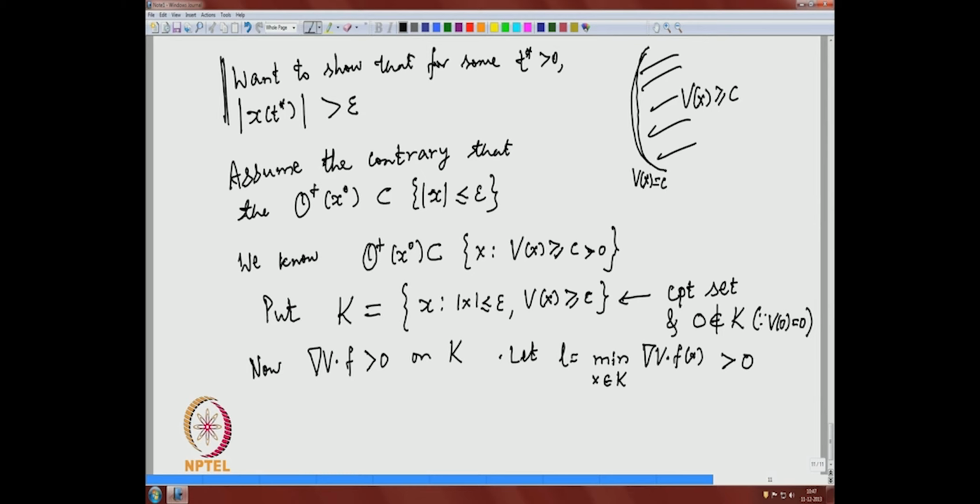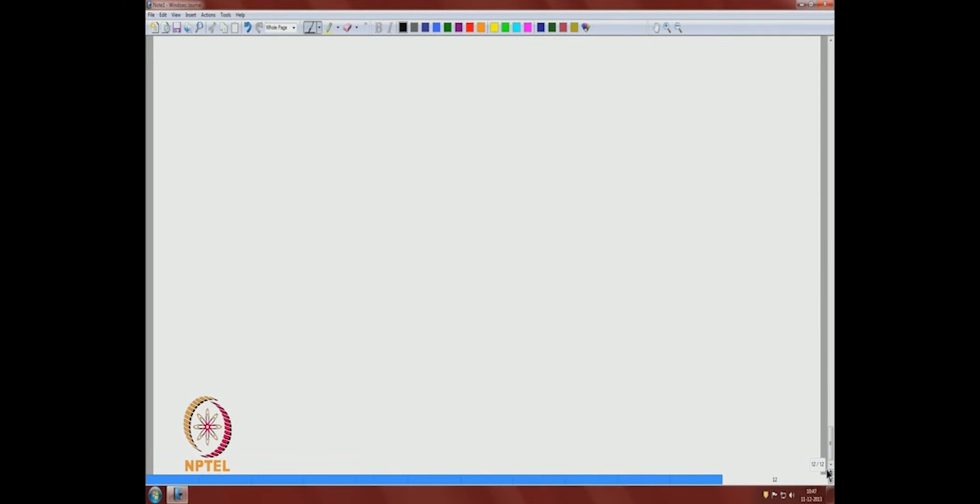Okay. Now, we are more or less done. So, again the same argument. Then V of x t minus V of x 0, again this is the integral from 0 to t. Okay.